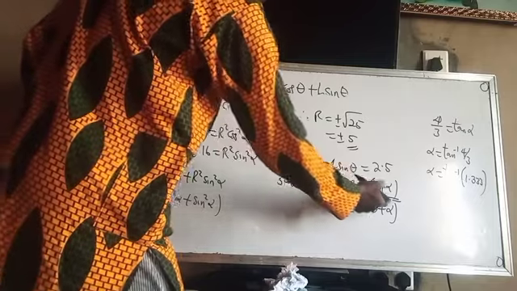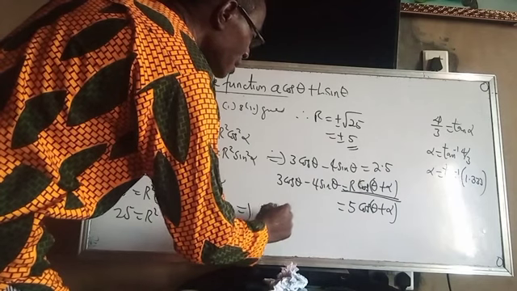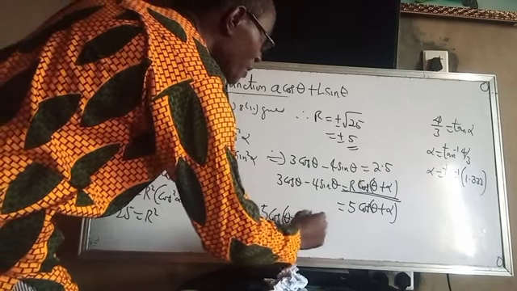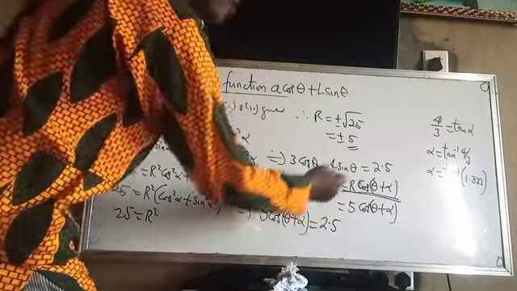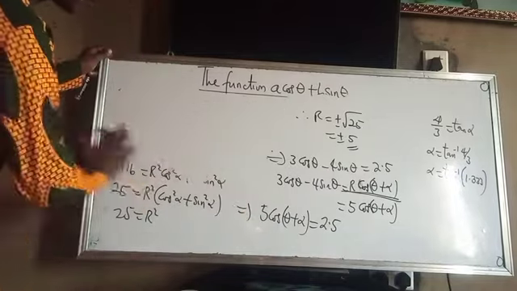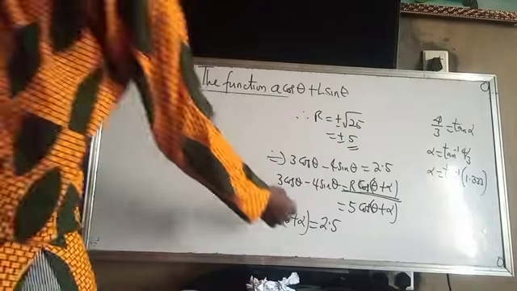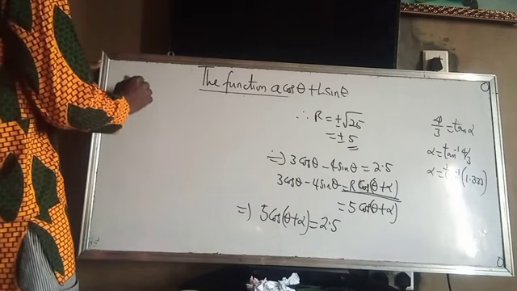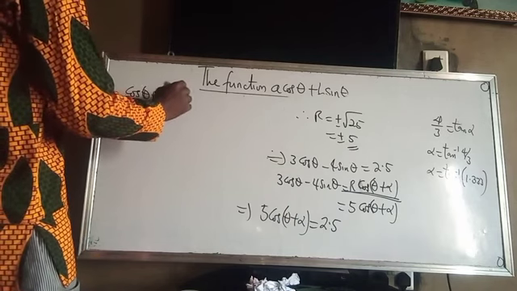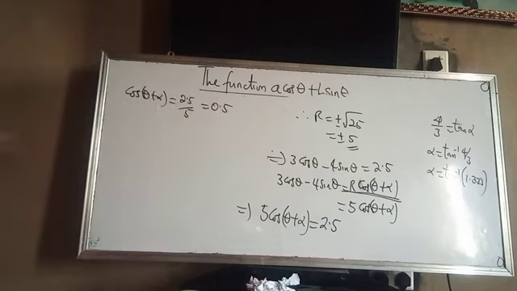Now we have 5 cos theta plus alpha equals 2.5. From here, cos theta plus alpha will be 2.5 all over 5, which is 0.5. So cos theta plus alpha is equal to 0.5.